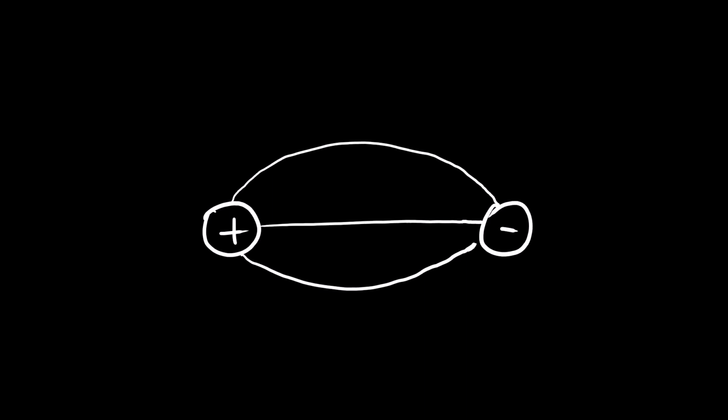Our next type of charges, we have 2 different charges, positive and negative. Whenever we have 2 different charges, there will be 3 lines or more joining the 2 charges, and you simply draw like this.